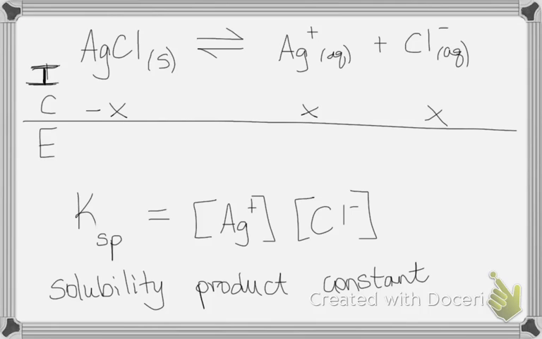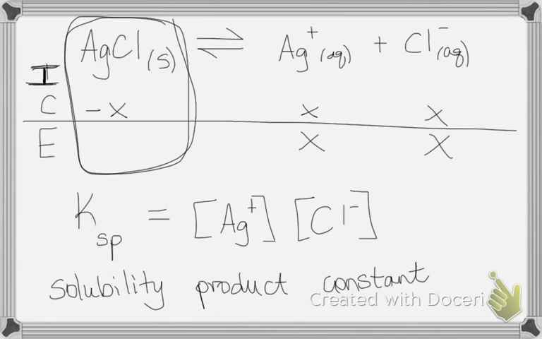So at equilibrium, I have X and X, and I'm realizing that whatever I have in this column is not going to matter because it's not even showing up in this expression at all.